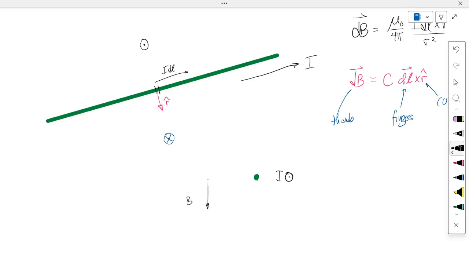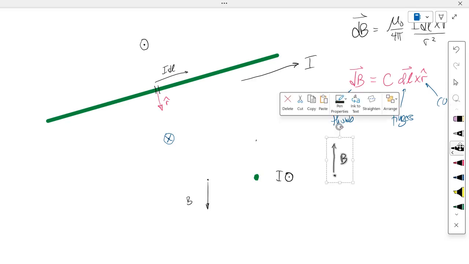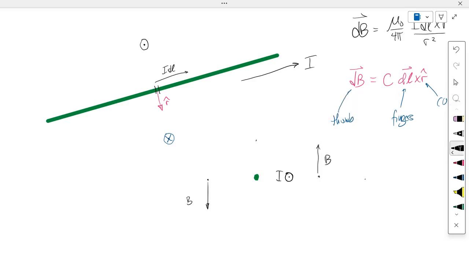Here's a magnetic field there. Over here, magnetic field points up. Up here, fingers out of the page, curl them upward, and we get a B that way. And we get a B this way.